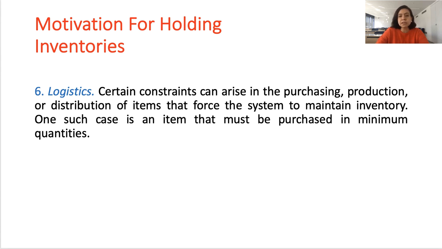And logistics. There may be some constraints in purchasing, production, or distribution of items that force the system to maintain inventory. One such case is an item that must be purchased in minimum quantities.